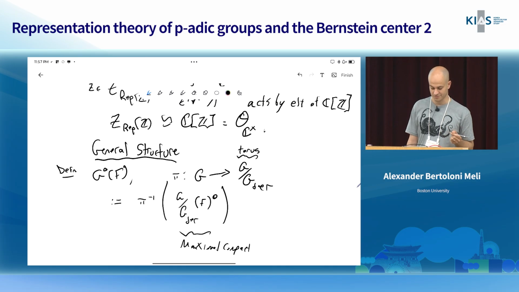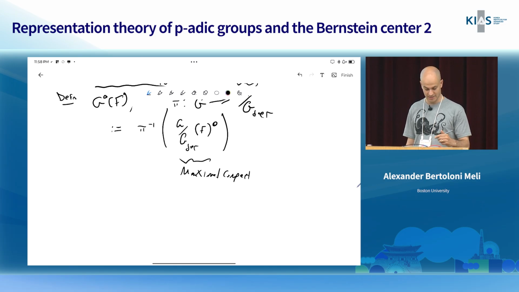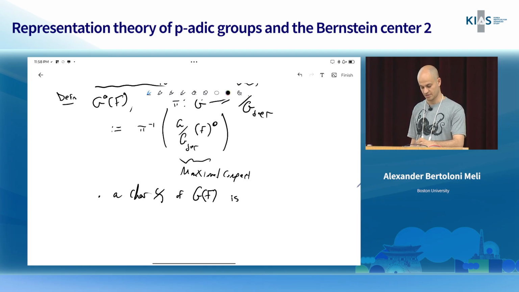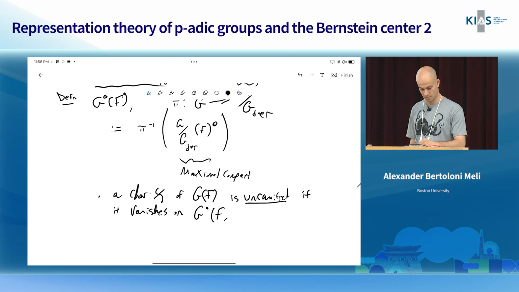So this will give us some subgroup of G of F, and then I want to say a character is unramified if it vanishes on this subgroup.